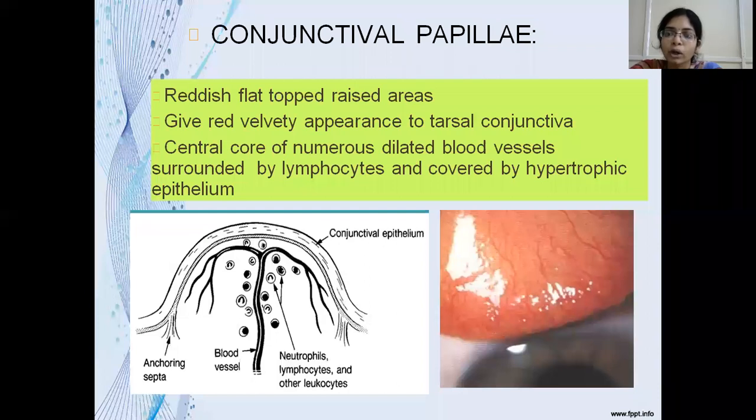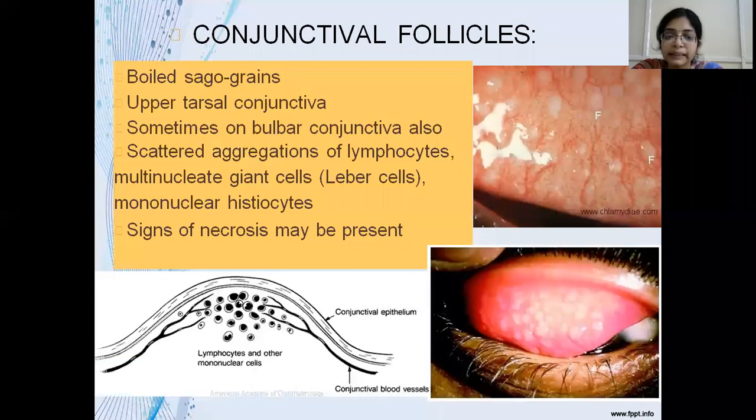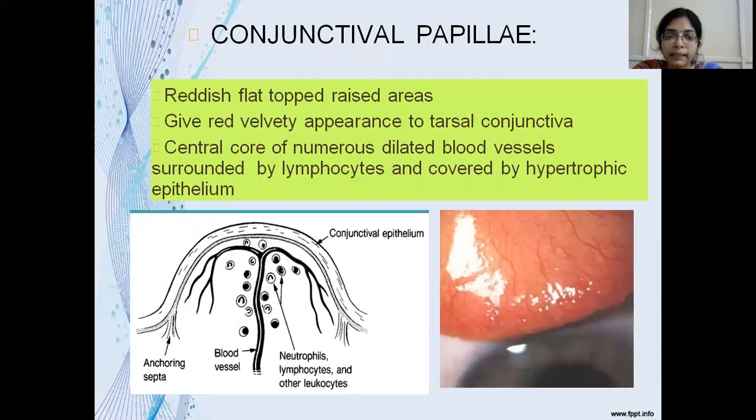Now, in stark contrast to the composition in follicles, the blood vessels were in the periphery. You can see in the black and white picture at the bottom, in follicles, the blood vessels were at the periphery. But in papillae, please remember, these are reddish in color and they're responsible for the red and velvety appearance of the conjunctiva.